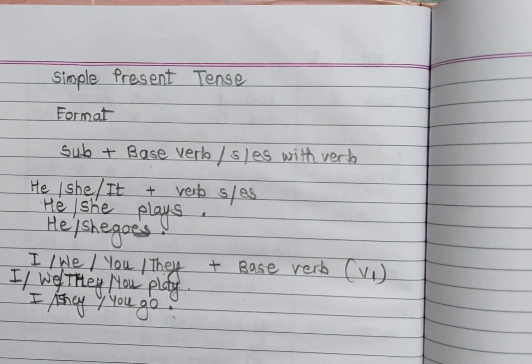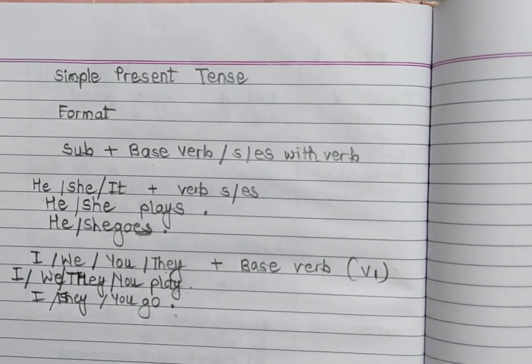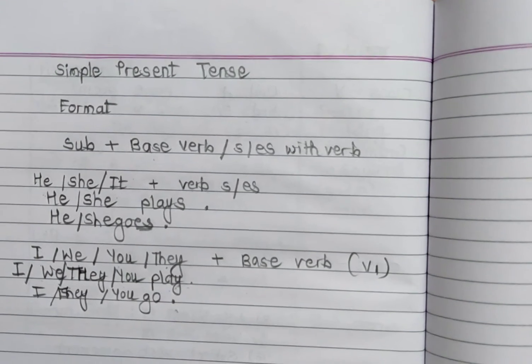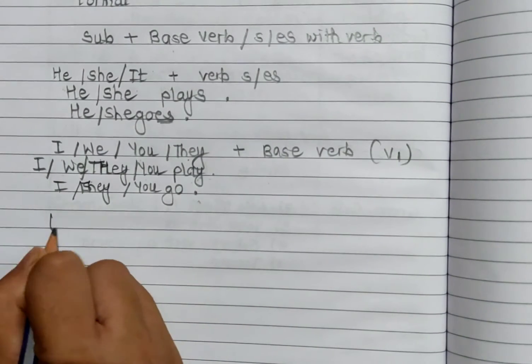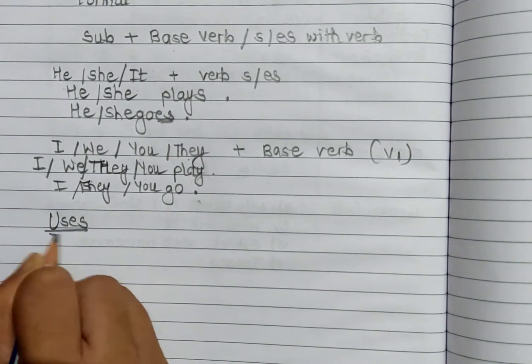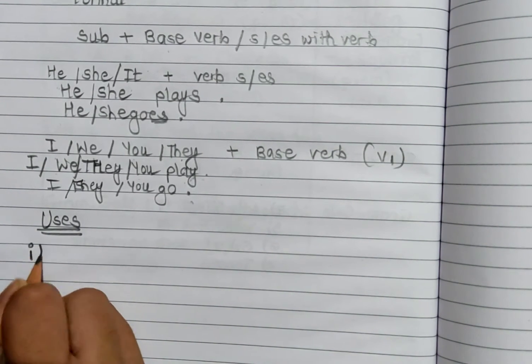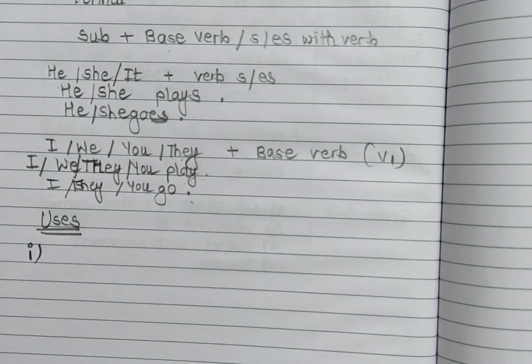Now first of all, we'll see the uses of simple present tense, then we'll move to present continuous tense, right? Now look at here the uses of simple present tense. There are 4 uses of simple present tense.